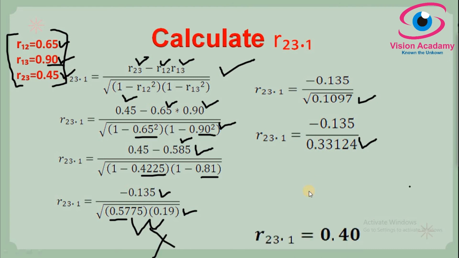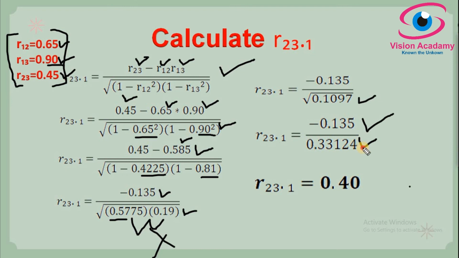Next, we divide the numerator by this, so that we get R23.1 equal to minus 0.40. So we have finished this task too. We have calculated the partial correlation coefficient of R23.1.